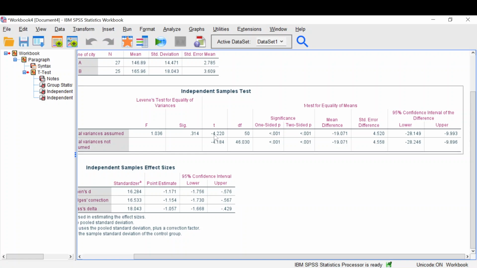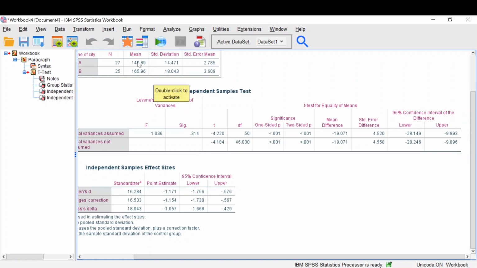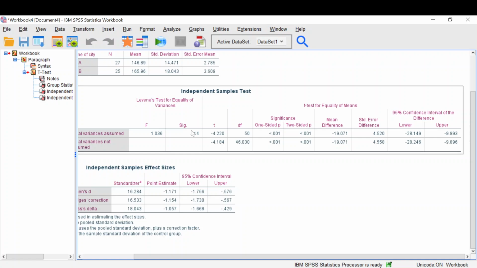So we move over to our t-statistic and we have negative 4.220. So this is saying that when we take the difference between the means, 146 minus 165, you'll have a negative number, right? And then divide that by the standard error means, we result in a t-statistic of negative 4.220.